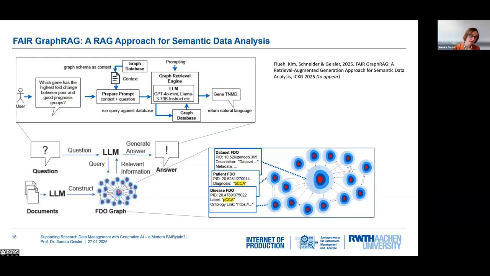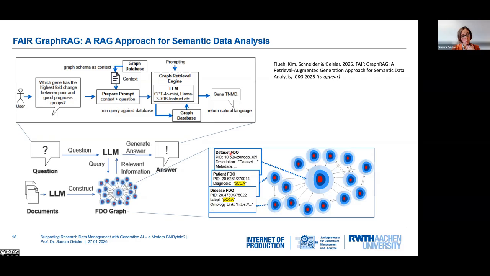What is also special about the knowledge graph is that the relationship between the data sets, between the FAIR digital objects, is described by aspects of the data set. So, for example, a relationship could be between two objects the range of age the patients in the data sets are covering. So that you know, if this relationship is very strong, we have between these data sets a close similarity in terms of age.